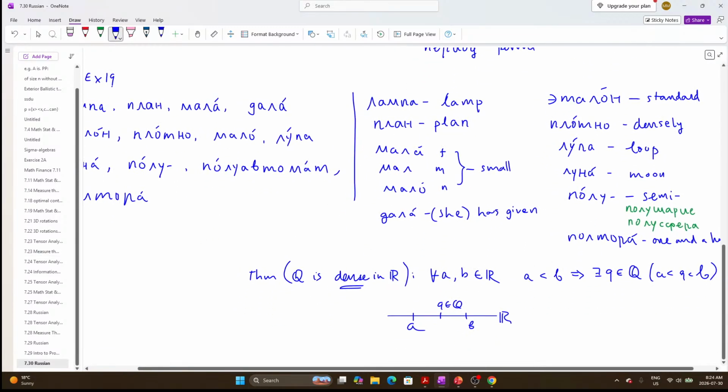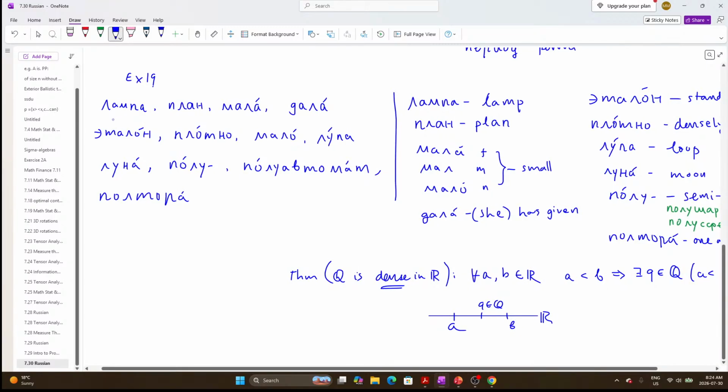Okay, more words. I might need to make some sort of flashcards for myself to memorize all these new words, but let's try again. Лампа, план, мала, дала, эталон, плотна. Плотна is densely. Мала is little, right? Мала is small.